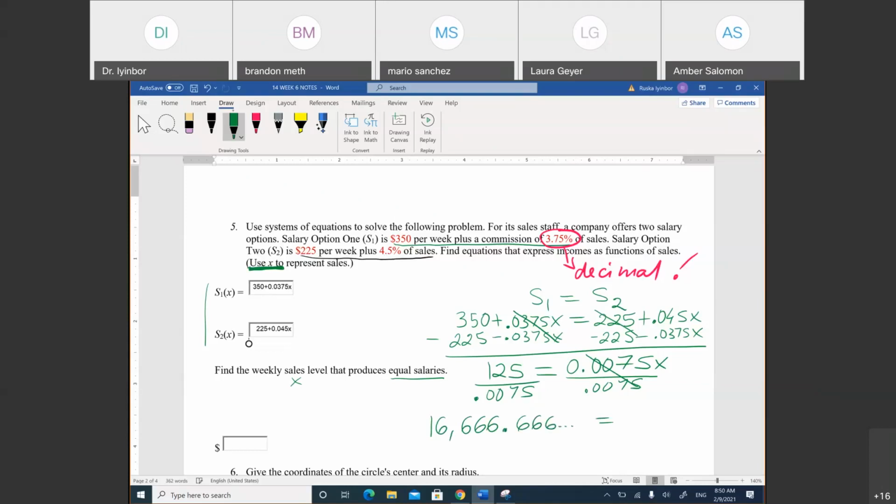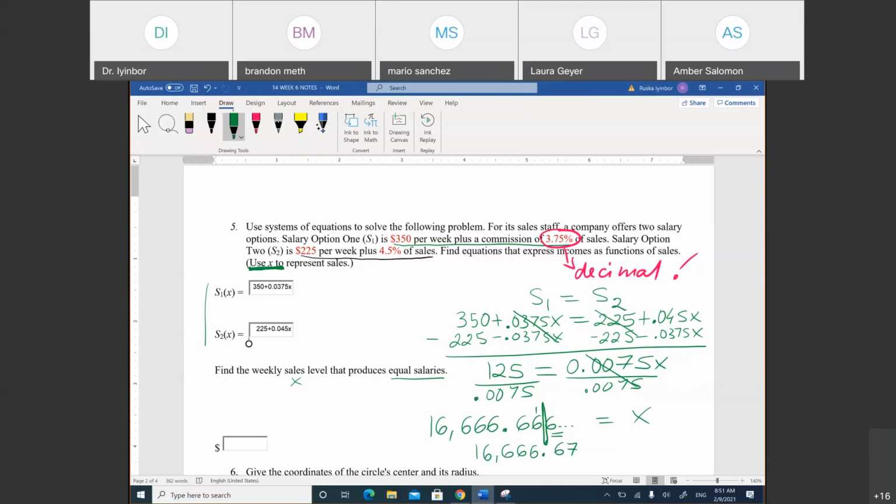Now, you need to round to 2 decimal places, right? To the nearest cent. And when you round, you look at the next number, which is 6, and then you're going to add 1 here. So your x is going to be 16,666.67.